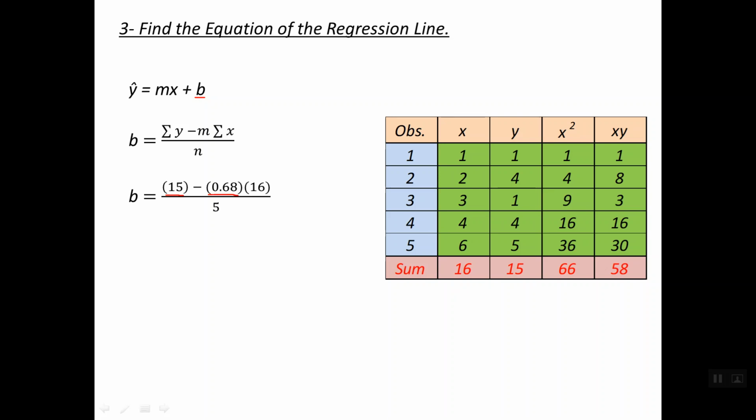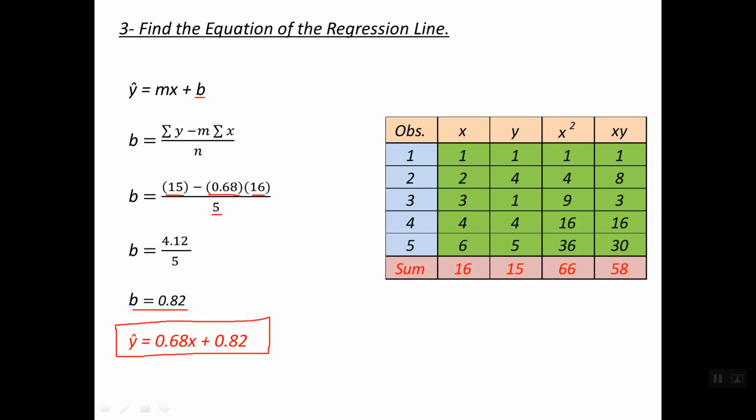This is the calculated m, it's 0.68, and this is the sum of x, and we have n equal to 5. So the value of b is equal to 0.82.